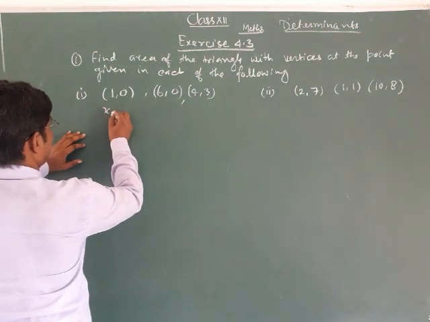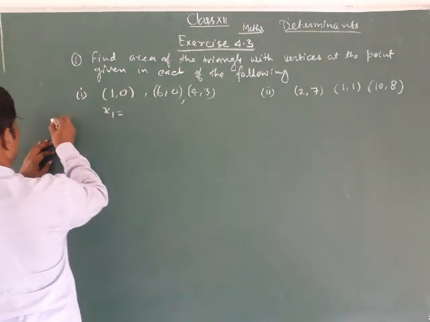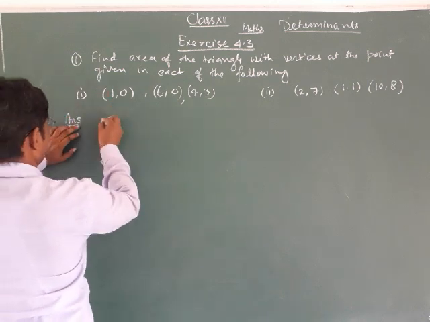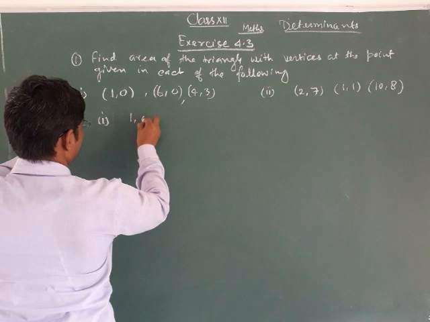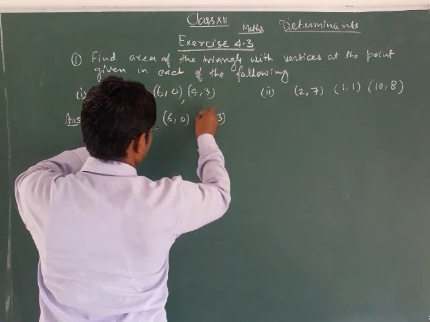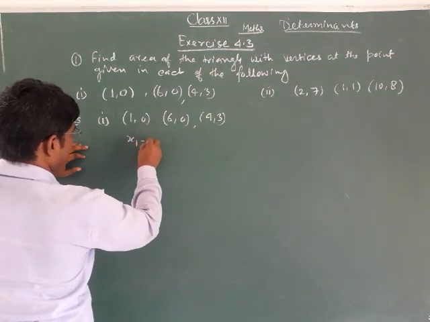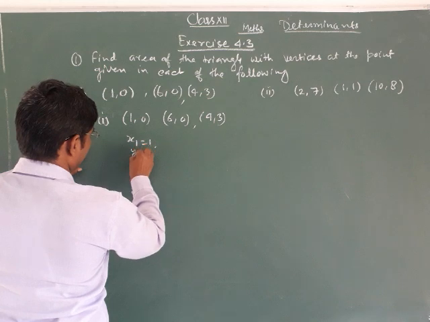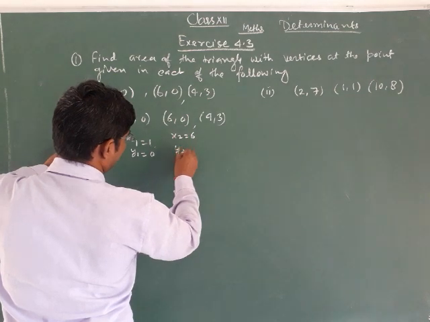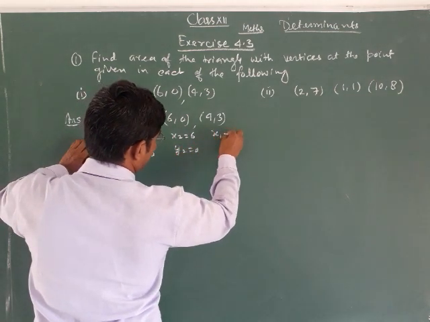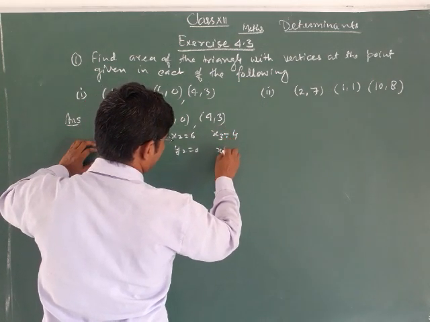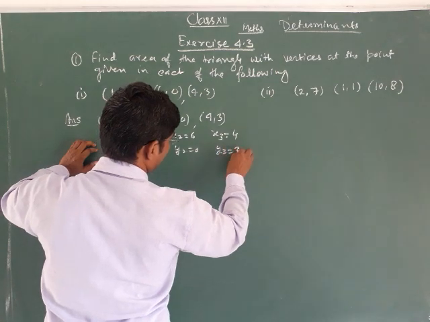So now x1 is equal to 1, y1 is equal to 0, x2 is equal to 6, y2 is equal to 0, x3 is equal to 4, y3 is equal to 3.